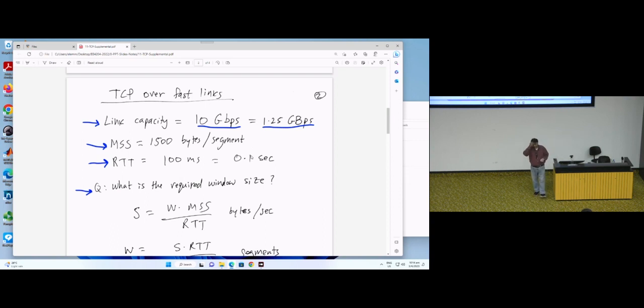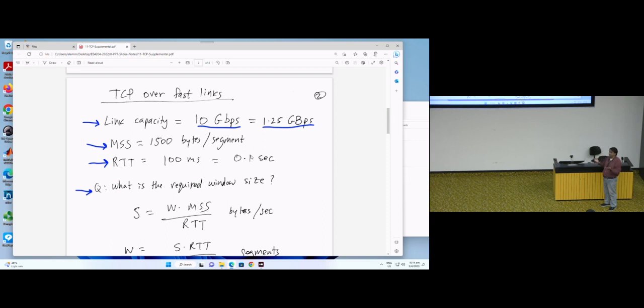This example is to highlight that sometimes if you have a very fast internet connection, your performance is not only determined by that connection, it's also determined by how your client is operating, meaning the congestion window size, right? So here's an example: I have a very fast connection. I have a gigabit per second, or in bytes per second, 1.25 gigabytes per second. It's a very fast connection.